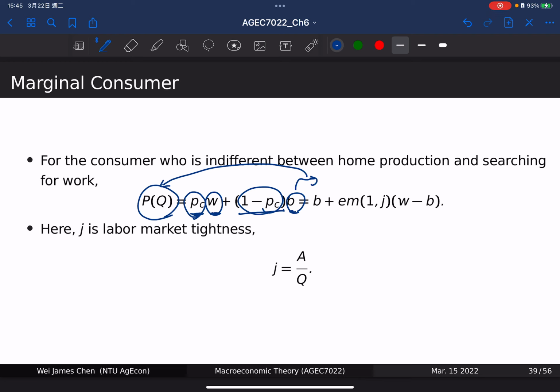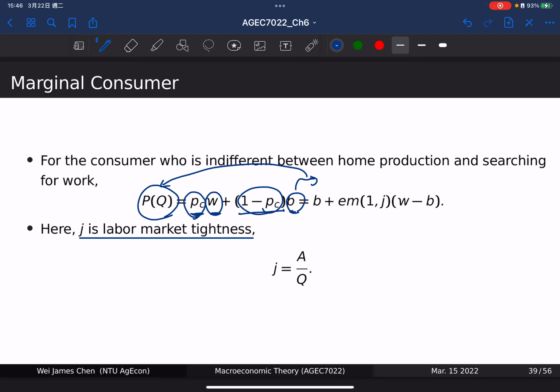Here, remember, this J is A divided by Q. This is where Q entered this function. So, as the Q increases, the expected payoff must be what? By the way, this is what is actually written in the textbook. It says that J is the labor market tightness, but tightness, jamminess, it's the same thing. How tight or how jammed the market is.